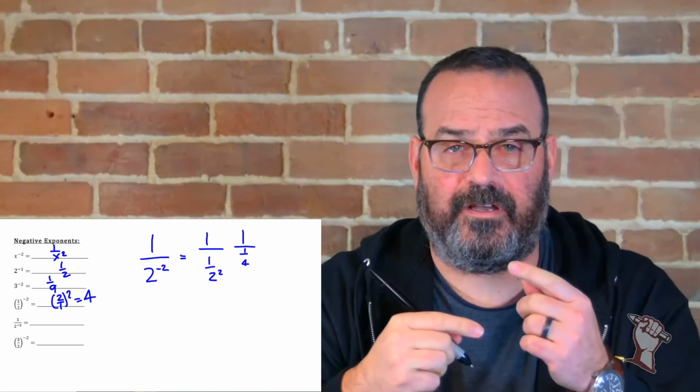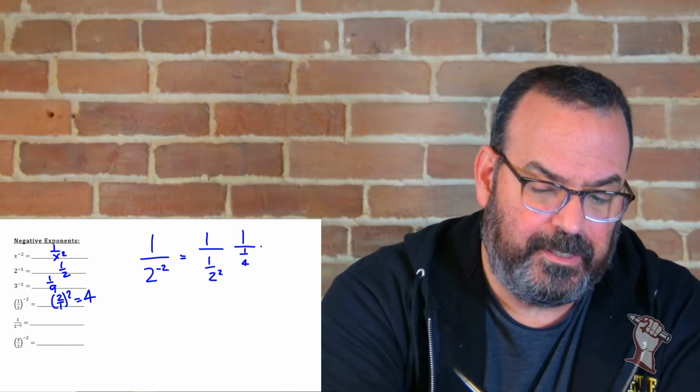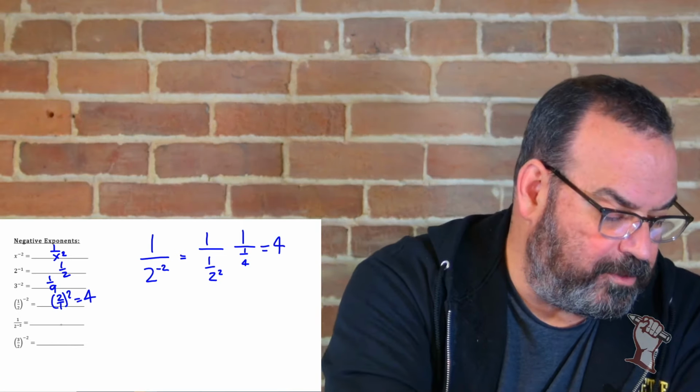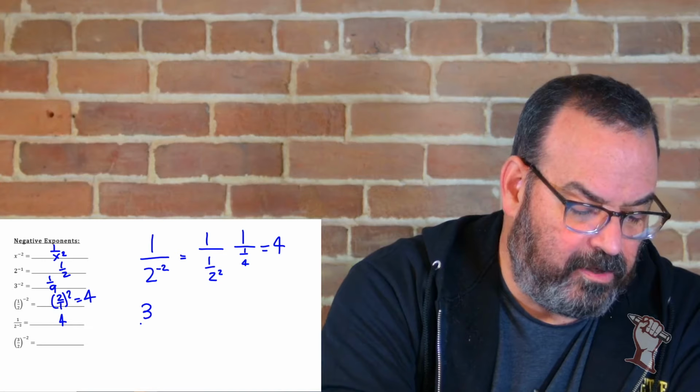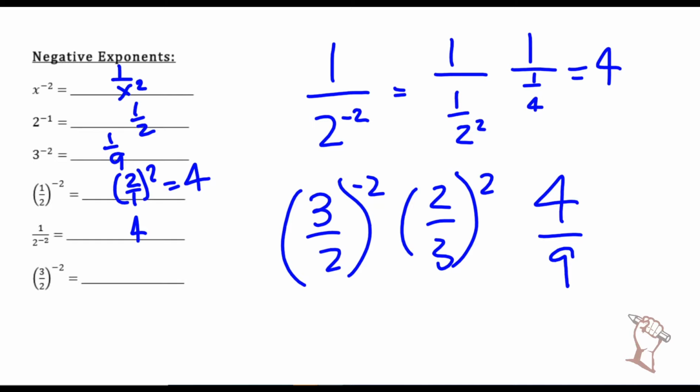When we have a fraction in the denominator, we multiply by its reciprocal, and this is equal to 4. 3 over 2 to the negative 2, we flip it, we get 2/3 squared, or 4/9. So this is 4 over 9.